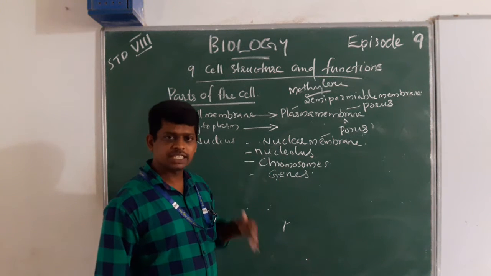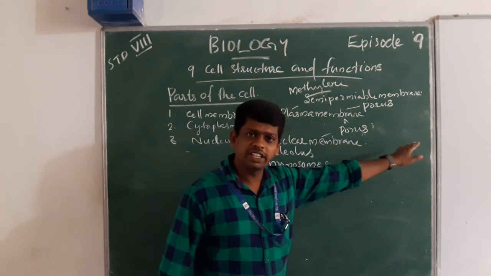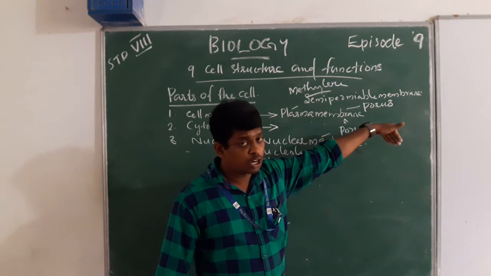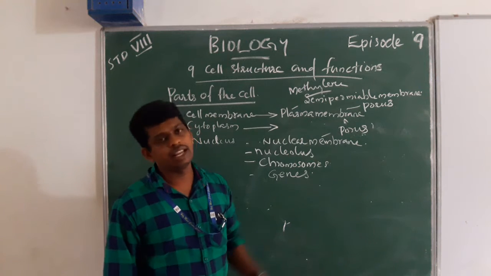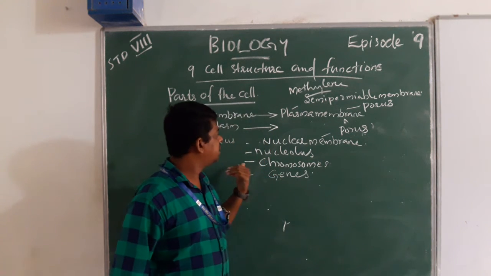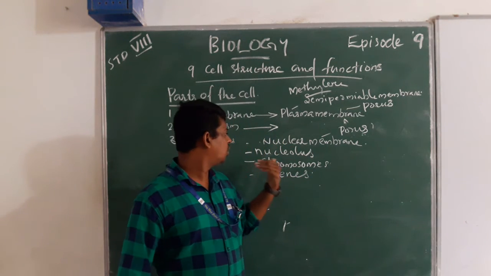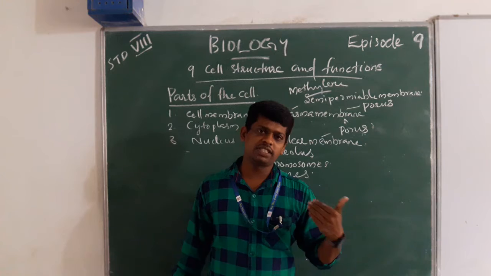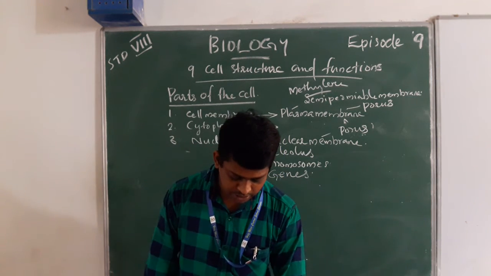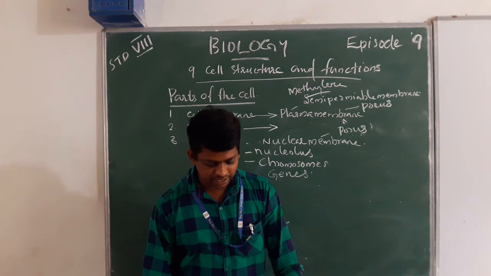Nuclear membrane is present here, and within it there are pores. For what purpose? The material is transferred in and out. The central spherical part is the nucleolus. Within the nucleus there are thread-like structures, the chromosomes. Within the chromosomes is the location of genes.